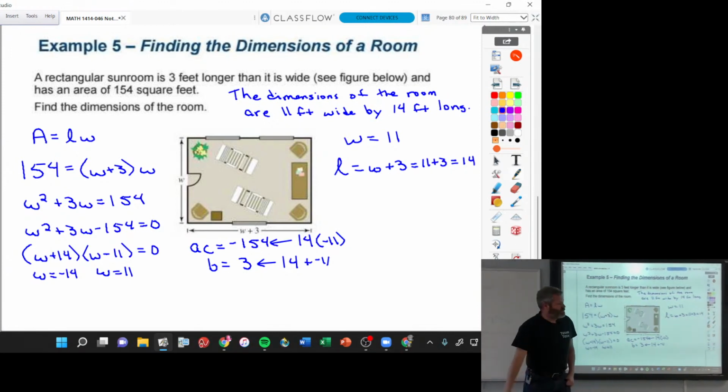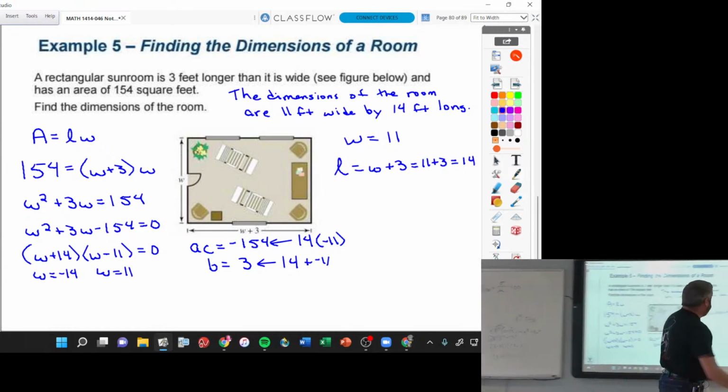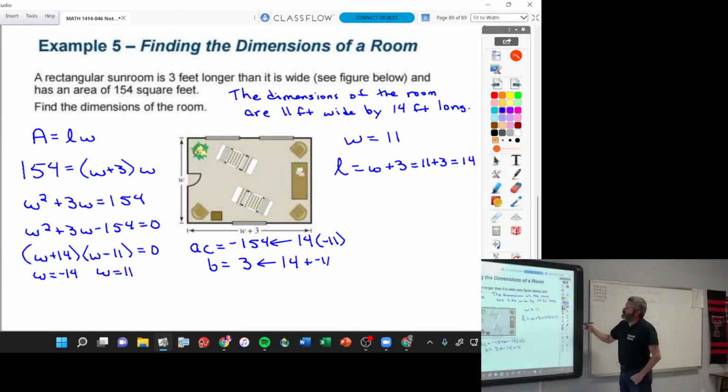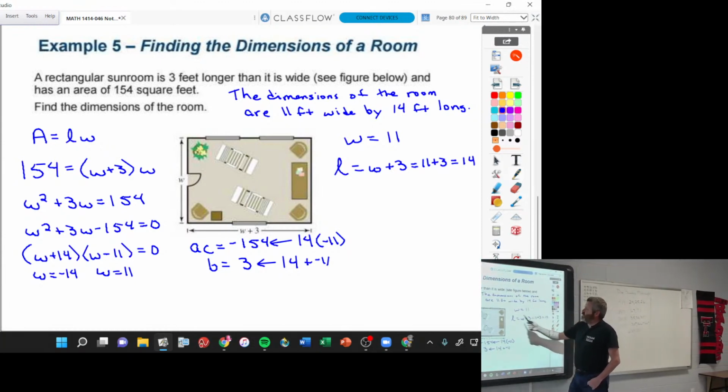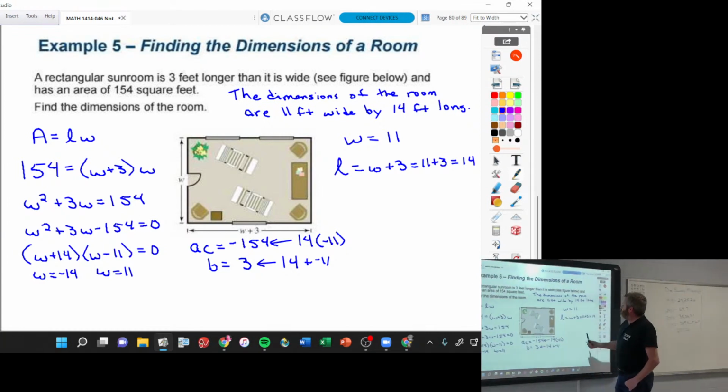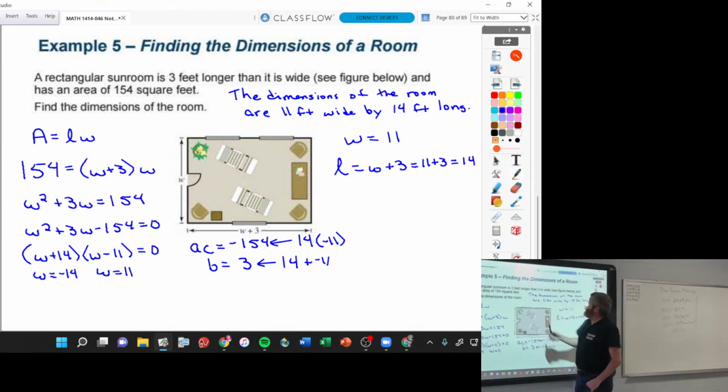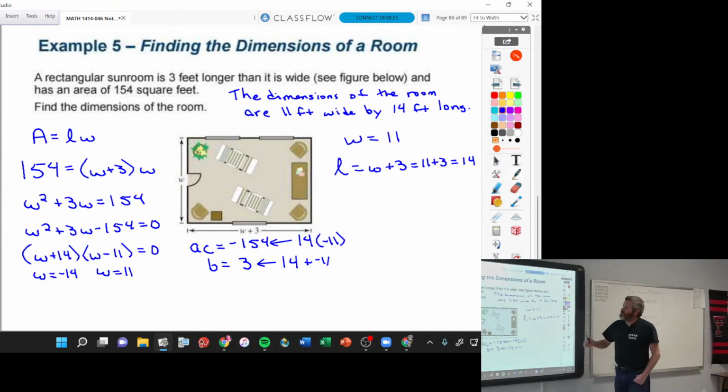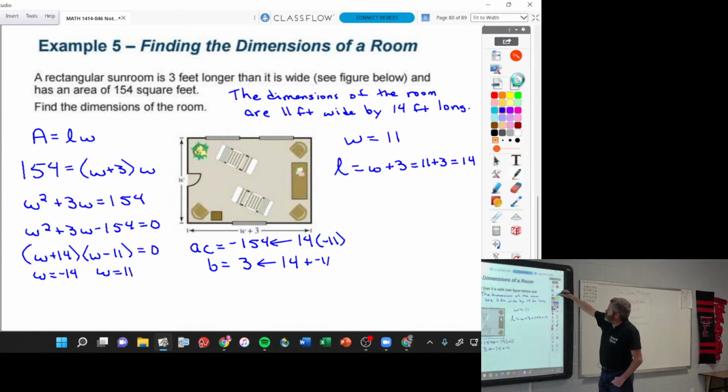And there's your answer to this question. Check it out. 11 times 14. Yes, that's 154. 14 minus 3 is 11, so it does check out with the problem. Good to go.